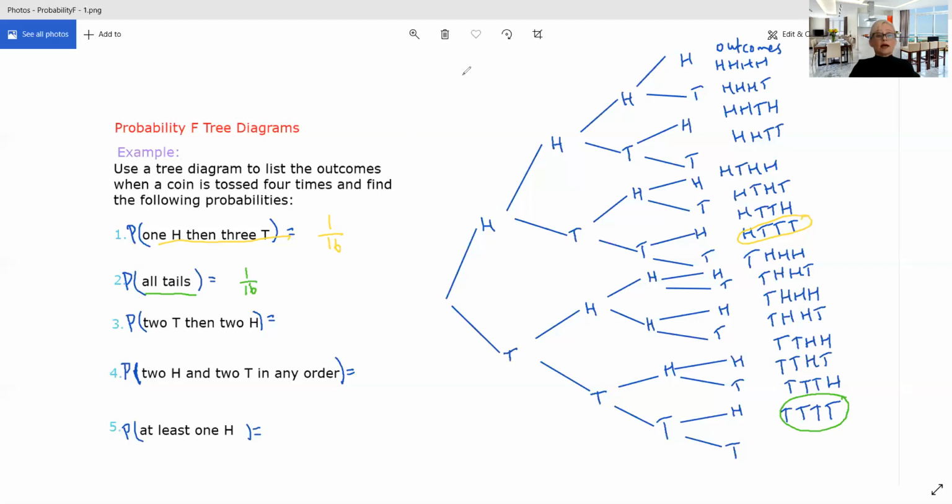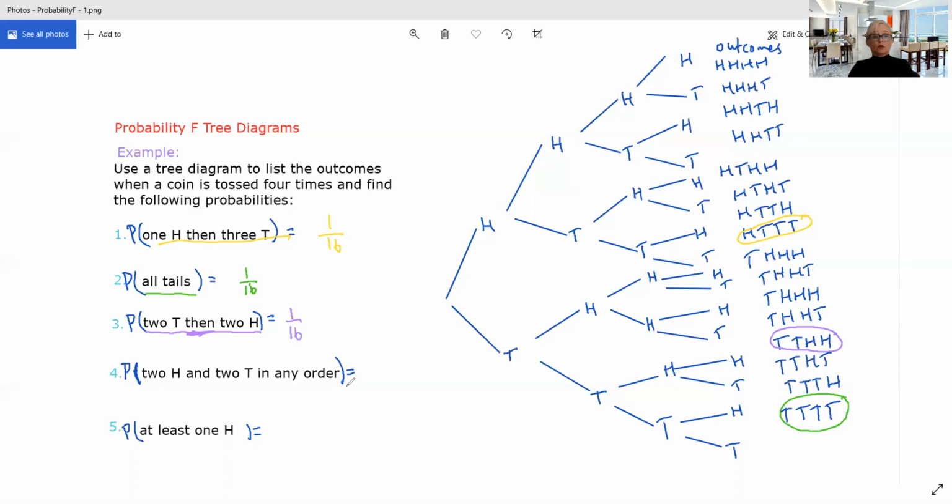Okay, 2 tails and then 2 heads. Be really careful when you're reading these questions. This one means in that particular order. So let's see if we can find 2 tails and then 2 heads. Okay, well, there's really only one of those as well. So the probability will be 1 on 16.